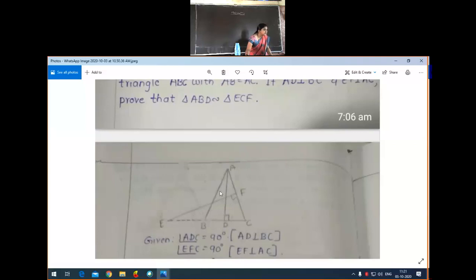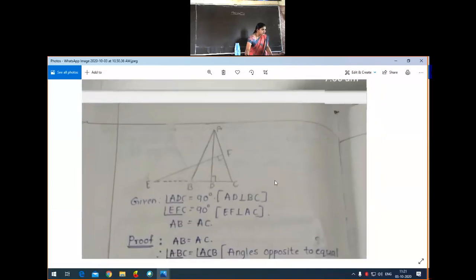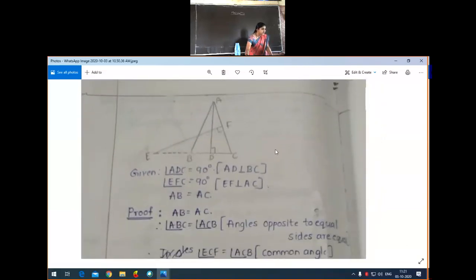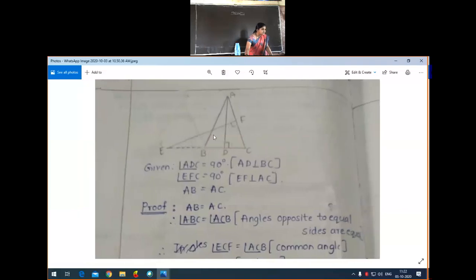Which two triangles do we have to prove similar? Triangle ABD similar to triangle ECF. Got the idea now? So for that problem, I think reading the question further is not necessary because we got the idea which two triangles we have to show similar. That is triangle ABD similar to triangle ECF.